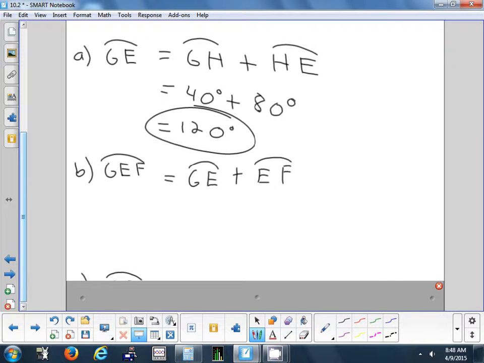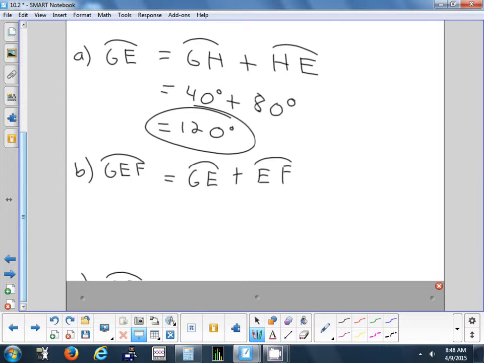What's the measure of arc GE? We found that in the last step. 120.